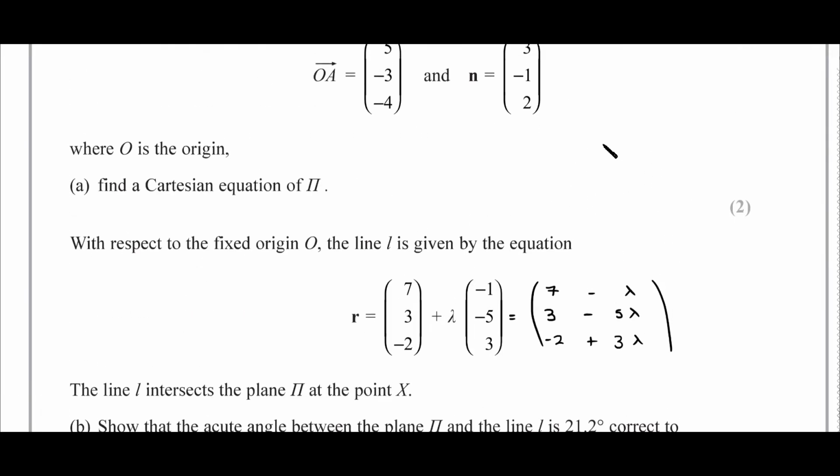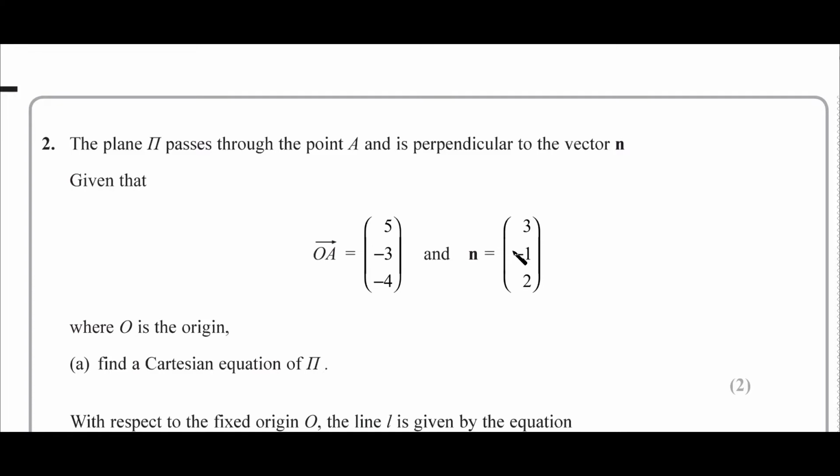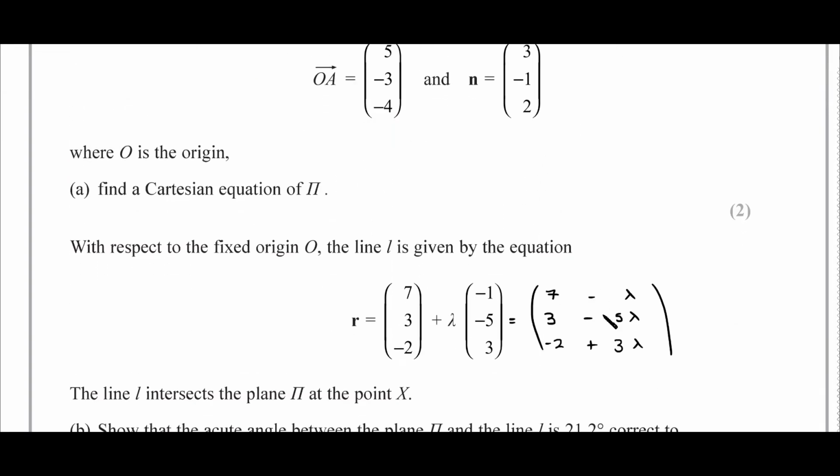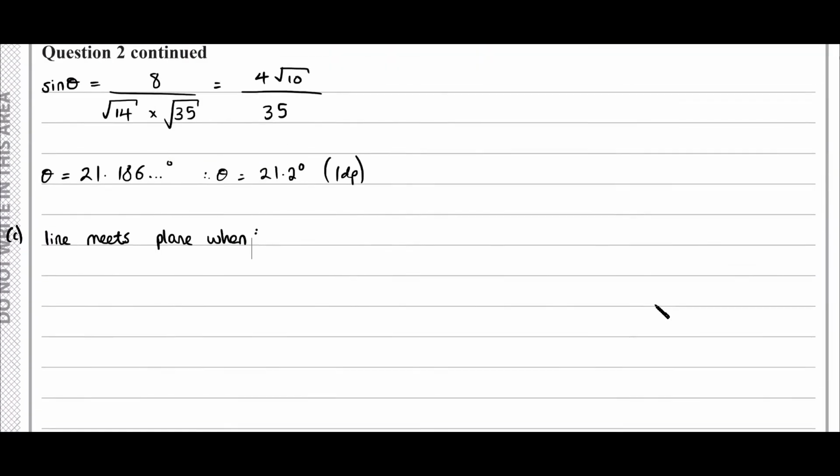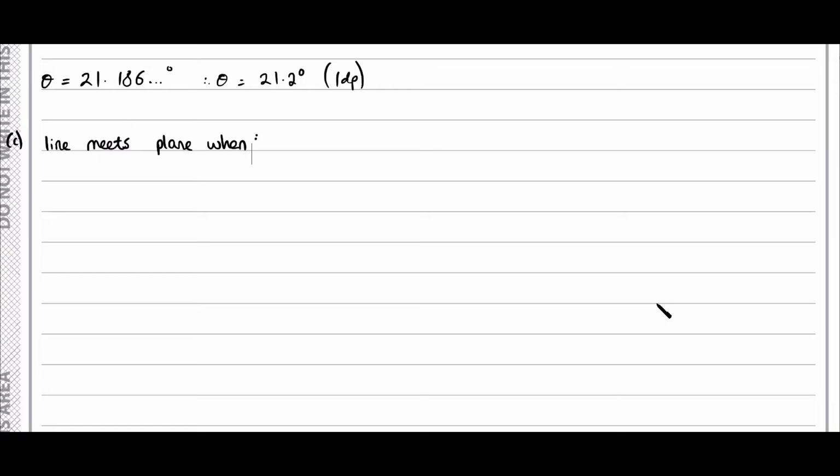We have n, and if we dot product these two together, this will equal this 10 over here, and you may know that from your notes. So the line meets the plane when we have (7 minus lambda, 3 minus 5 lambda, minus 2 plus 3 lambda) dot product with (3, -1, 2) equals 10.